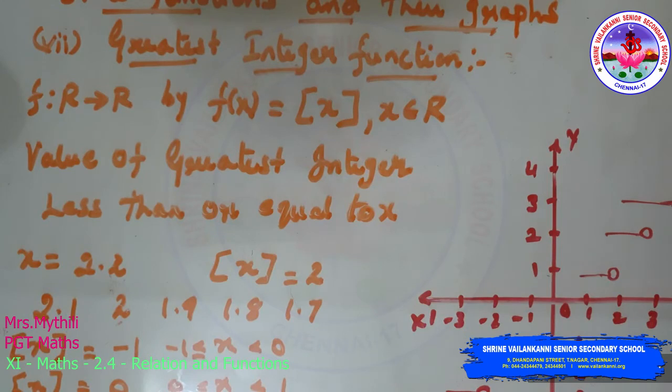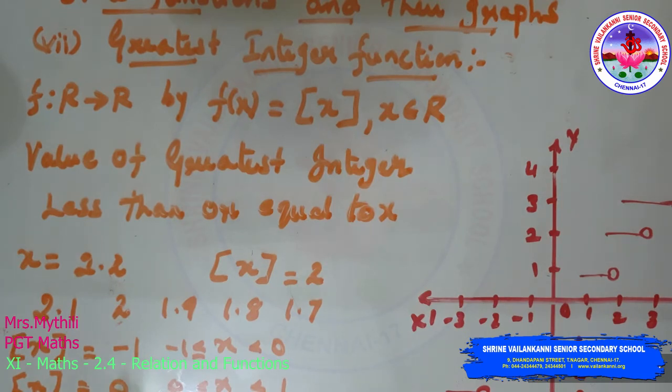The next function is the greatest integer function. The function f from R to R, defined by f of x equal to [x], where x belongs to real numbers, assumes the value of the greatest integer less than or equal to x. Such a function is called the greatest integer function.